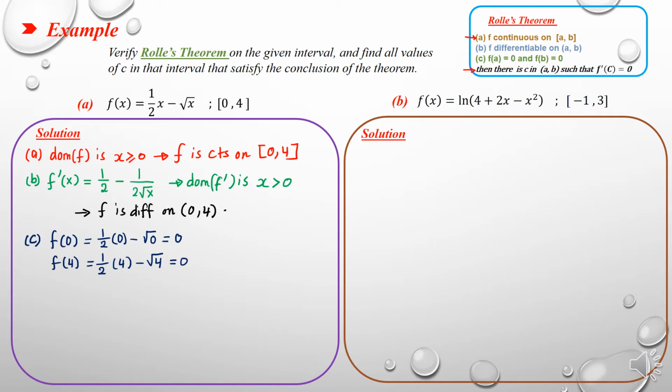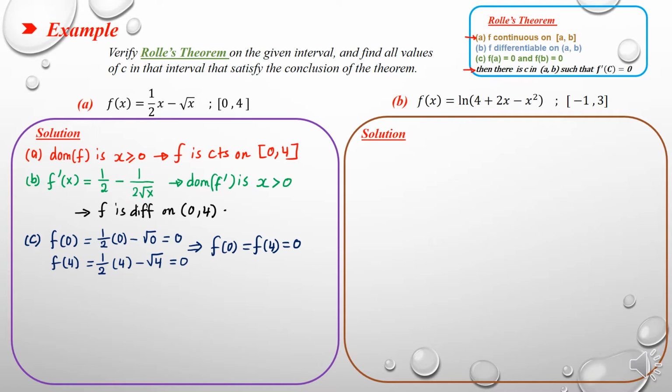So f(0) equals f(4) equals 0. So all conditions of Rolle's theorem are satisfied for this example.